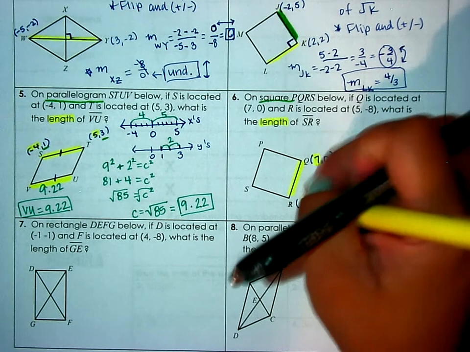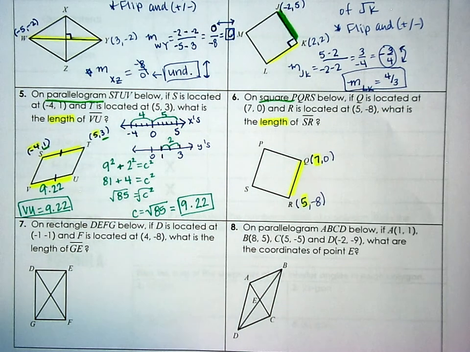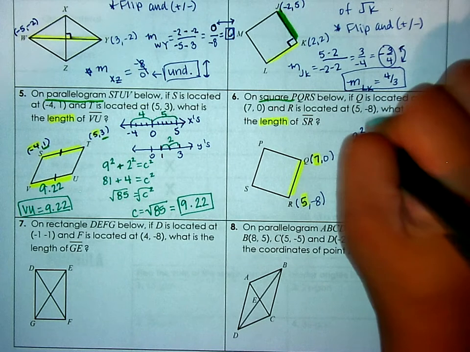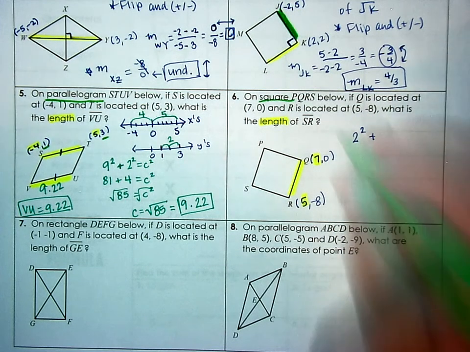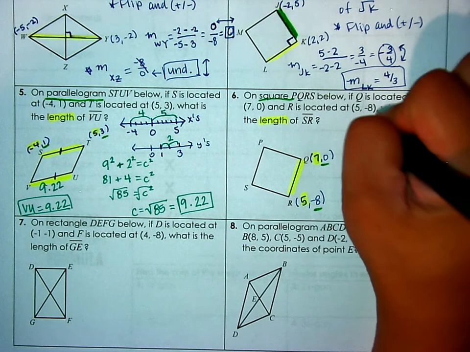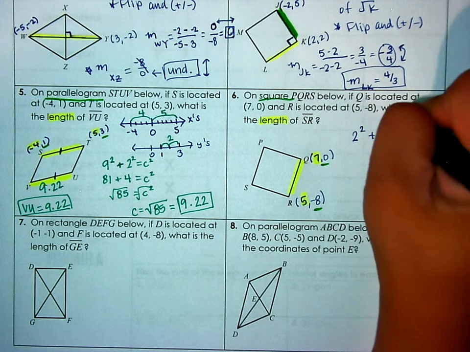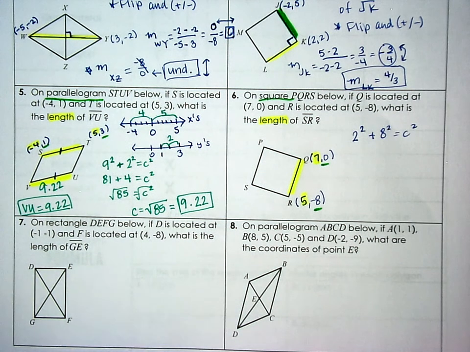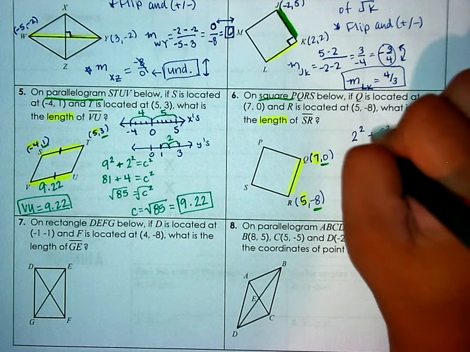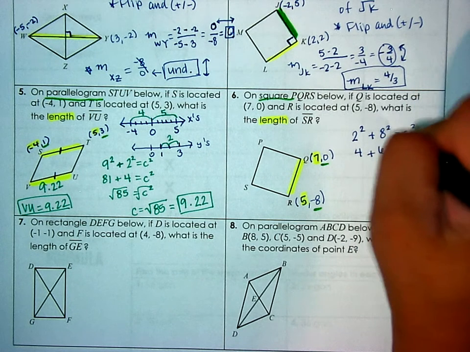So between 7 and 5, how many units do we have? There should be 2. So that's 2 squared plus. Then my next one is between 0 and -8. And you should realize that that one is just 8 units. And we're going to do our Pythagorean Theorem. 2 squared is 4. 8 squared is 64. We add them together.